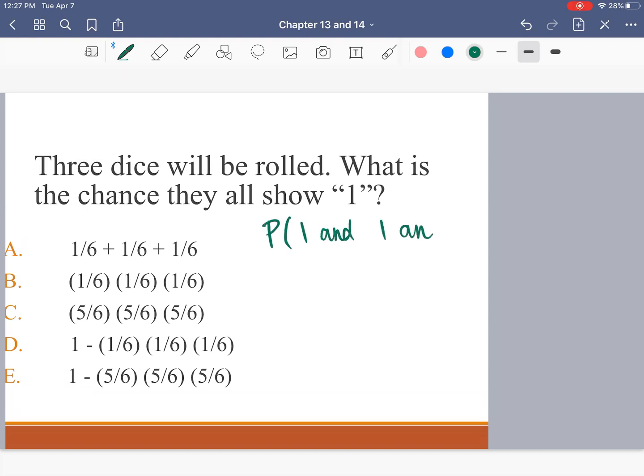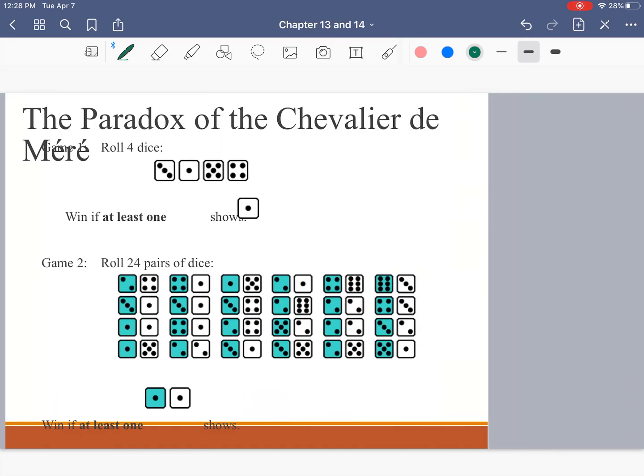So it's the probability that the first one shows 1 and the second one shows 1 and the third one shows 1. So it's an and. The probability of a 1 is 1 out of 6. Probability of 1 is 1 out of 6. 1 out of 6, so it's multiplied. If you understand it, that's great, but that's a little more complicated than I would ask.